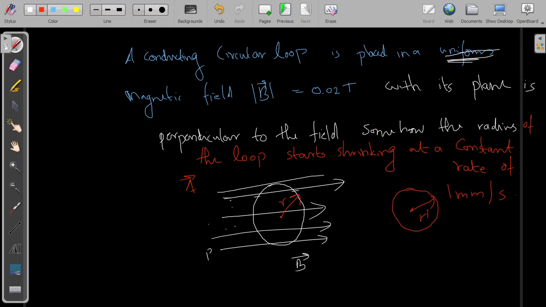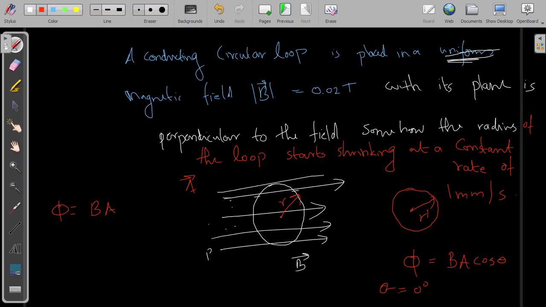So that is our problem. In this problem, the magnitude of area is changing. That means phi is equal to B A cos theta. Here theta equals 0 degrees, because he said that the plane of the circular loop is exactly perpendicular to the magnetic field. So the normal area vector will be parallel to the magnetic field, so theta will be 0 degrees. So phi is equal to BA.